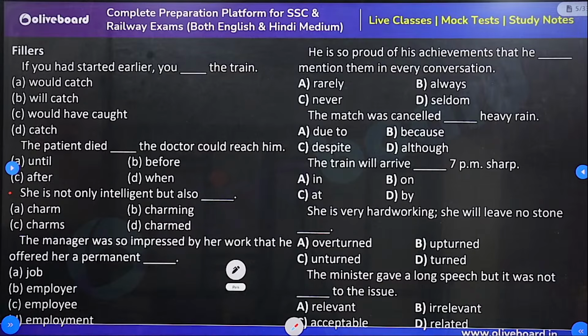Fifth one is also correct. Seventh is also correct. No, Ankit. 7 p.m.? No, no, no.